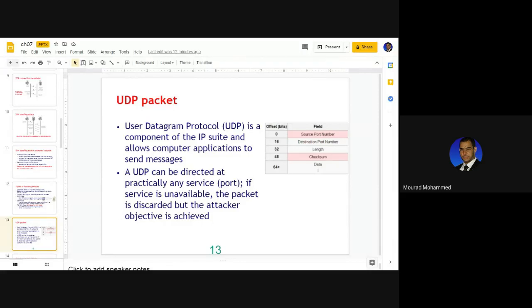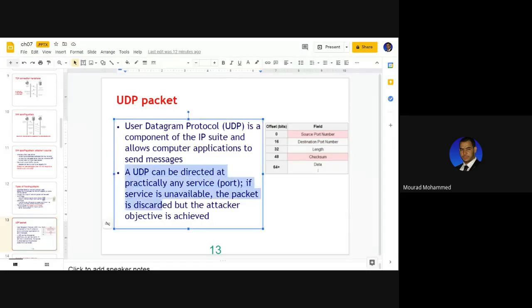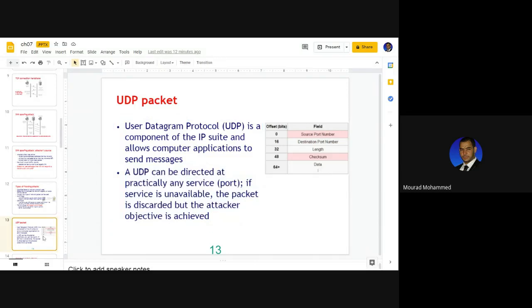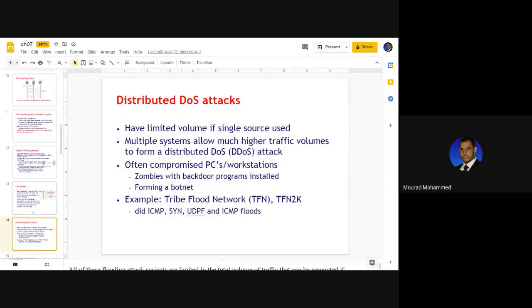Because it is one of the technologies that attackers do follow. Why? Because there is no acknowledgement of reception. Once the communicator sends a packet, there will be no acknowledgement that it has been received. Thus, the attackers have the benefit of this criterion. No SYN acknowledgement, no SYN ACK.